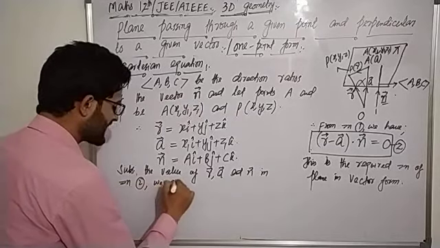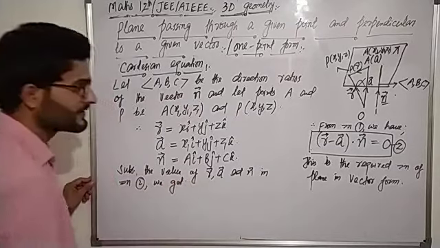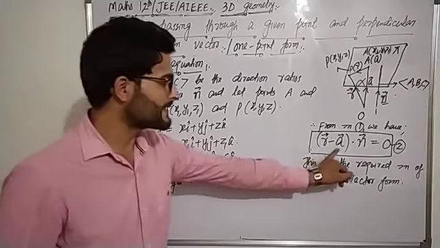In equation second we get, r vector minus a vector.